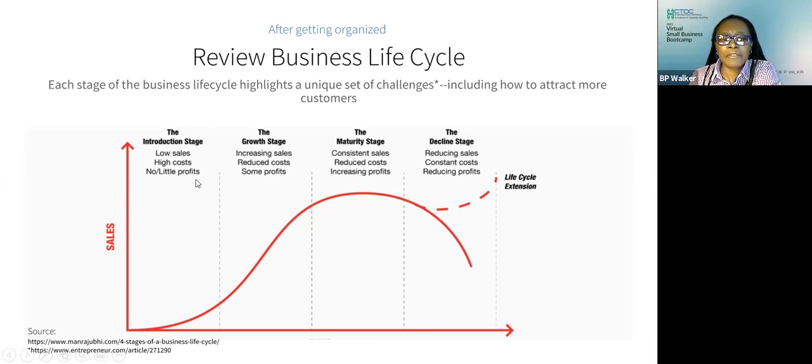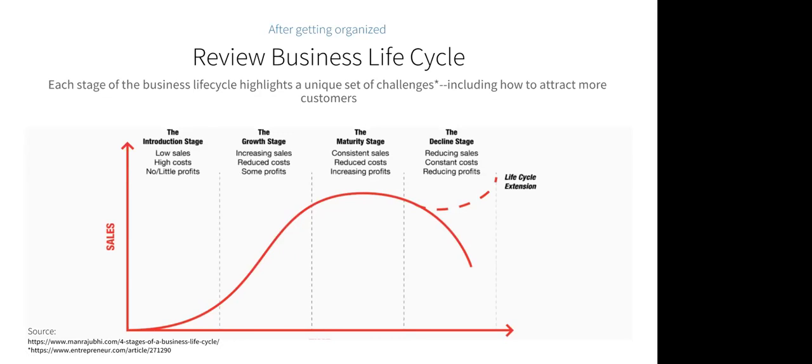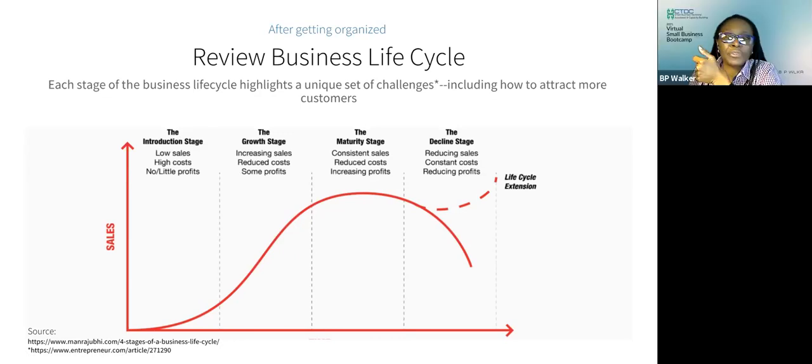That's a much different scenario than if you were in the growth stage where you have increasing sales, you have reduced costs because you're maximizing economy of scale, and you're starting to generate some profits. Notice in the growth phase, it doesn't say you're all the way profit. It says some profits, okay?